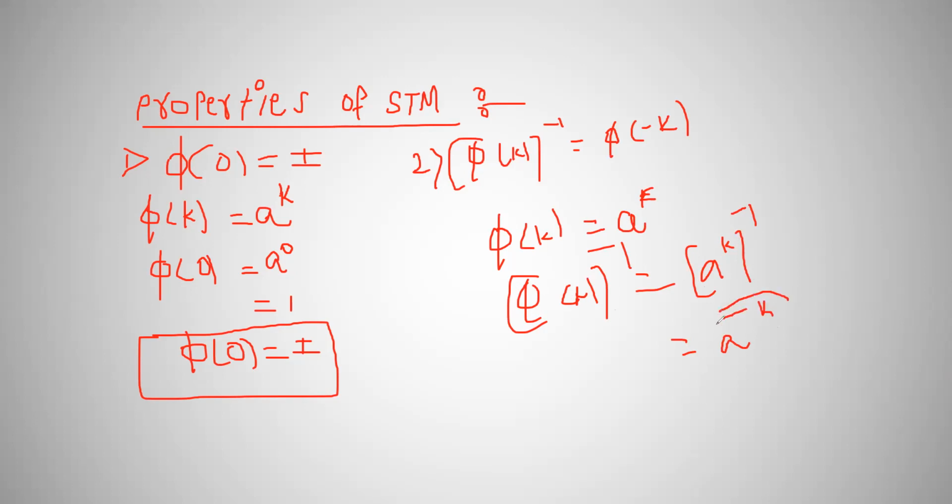So k becomes minus k, and it will be phi of minus k. Phi of k whole inverse is equal to phi of minus k. This is the second property of the state transition matrix.